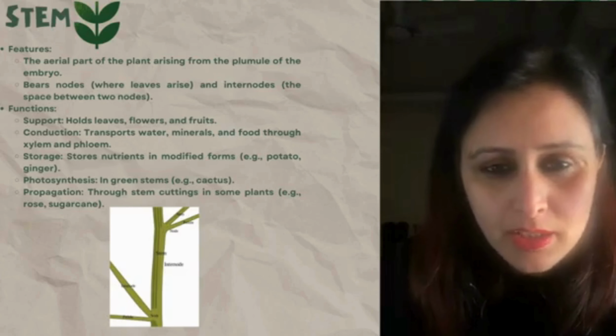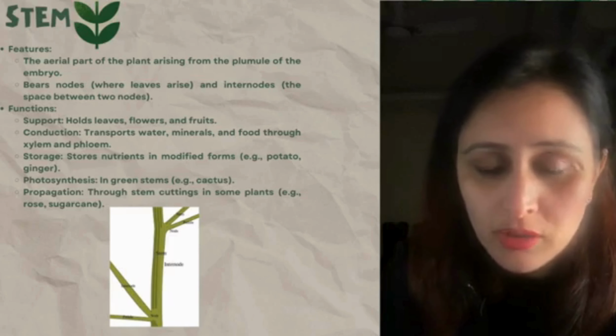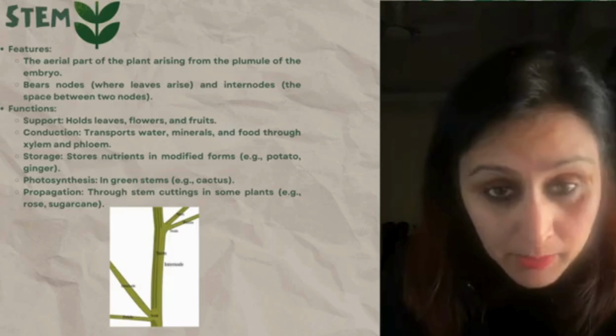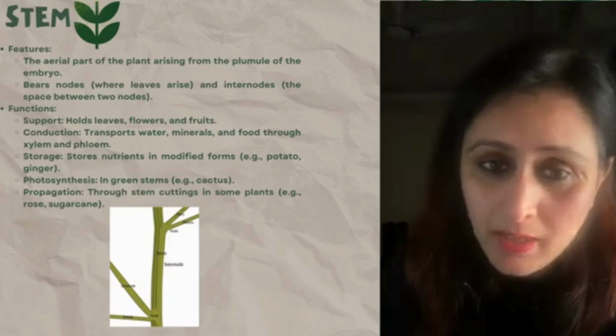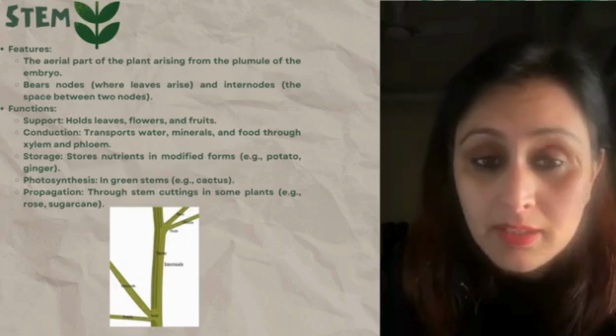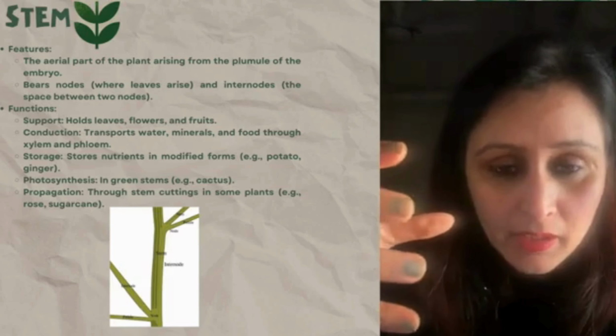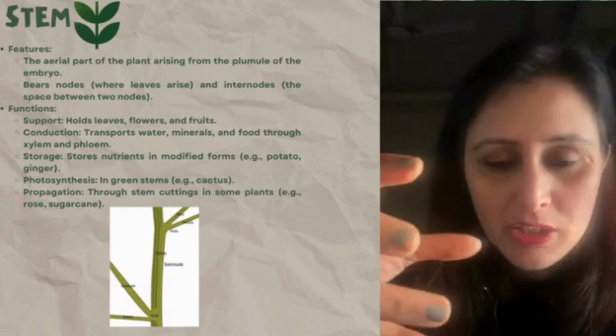Storage, like is in case of potato, onion, ginger, garlic, so these are the stems, right? That is edible also. Photosynthesis in some cases, like cactus का जो the cactus is very green in color, right? It is fleshy in color.